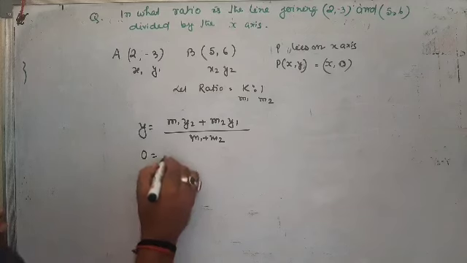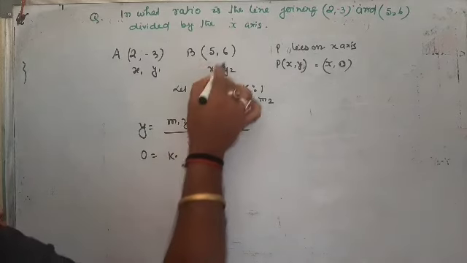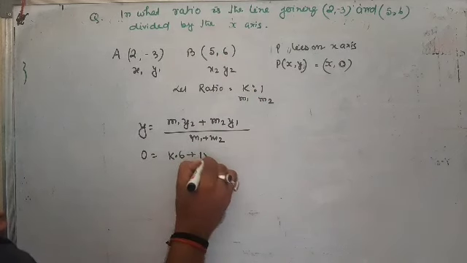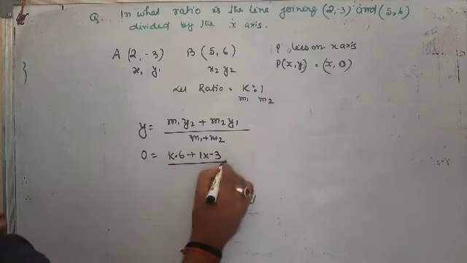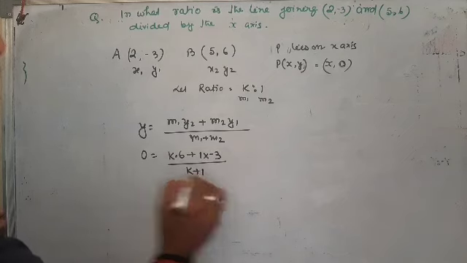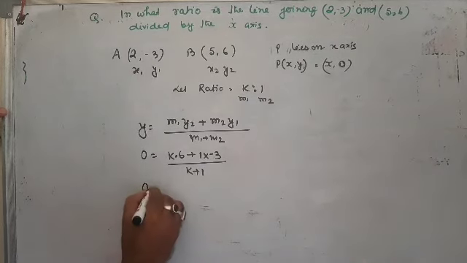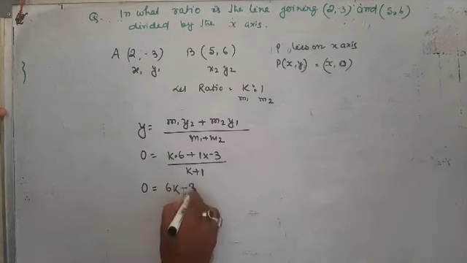So m1 is k, y2 is 6, m2 is 1, y1 is -3, by m1 plus m2, that is k plus 1. So (k plus 1) into 0 is finally 0, cross multiplying. So here it is 6k plus minus 3.